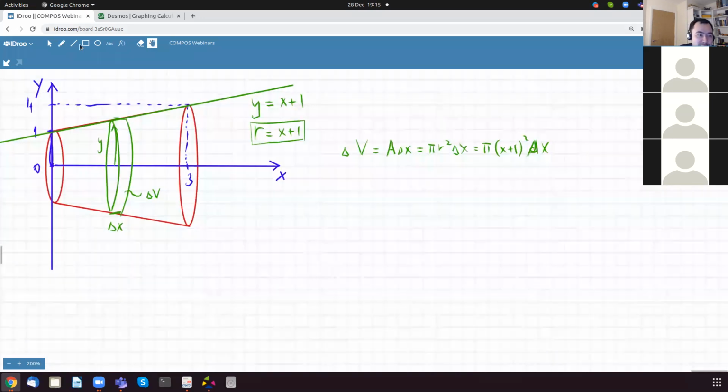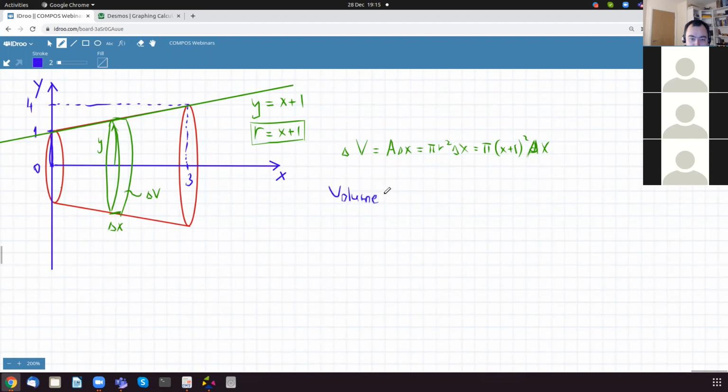Now the total volume is equal to the sum of those cylinders.